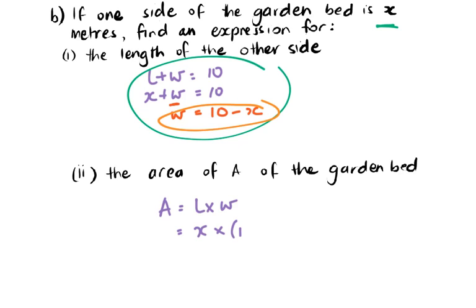So now we've got 10 minus x. So all we're going to do now is simplify. So what we're going to do is expand our brackets. So x times 10 is 10x, and we've got a subtraction here, so minus, and then x times x is x squared. And as you can see here, this formula is actually a quadratic function.